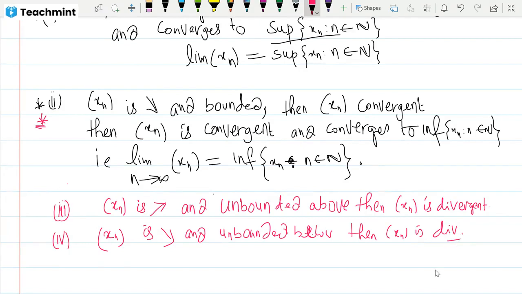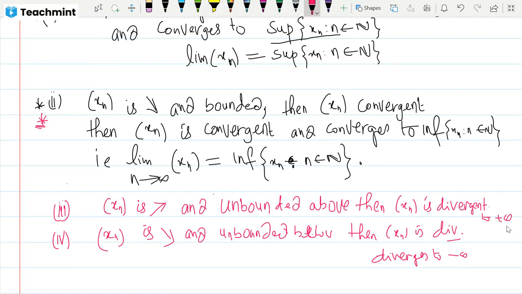We can say precisely it diverges to minus infinity, and in the earlier case we can say it diverges to plus infinity, right? So precisely I will summarize the result.